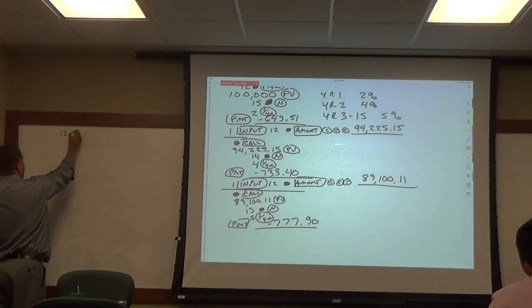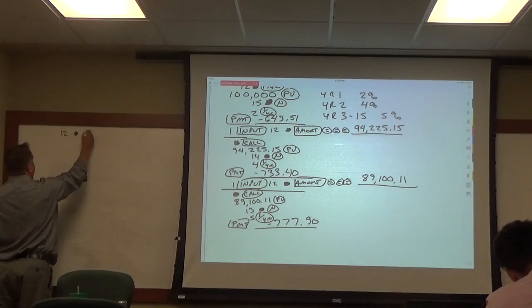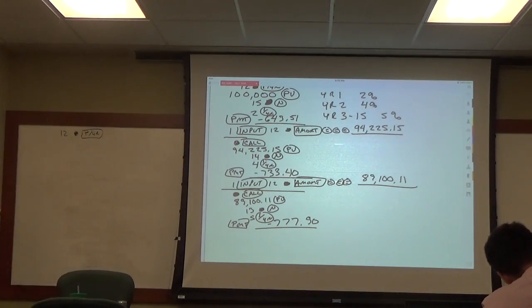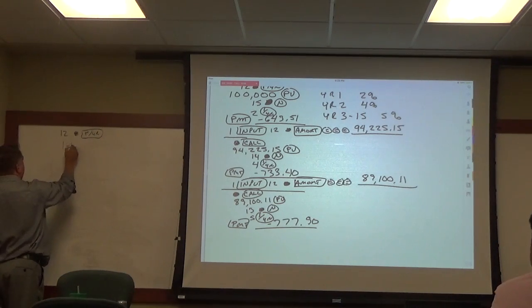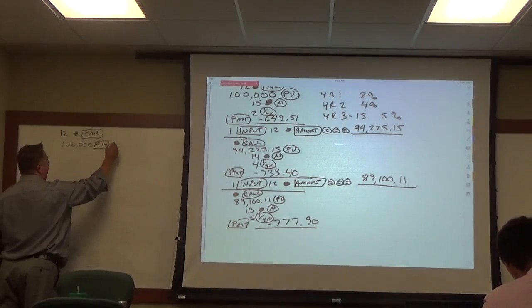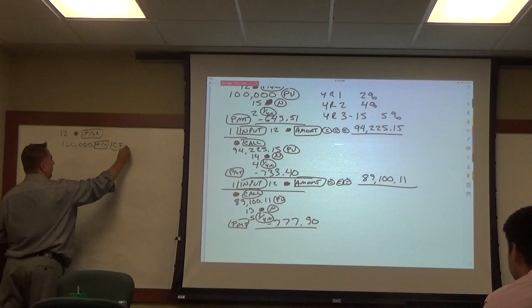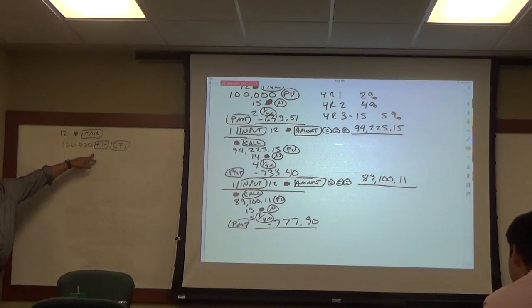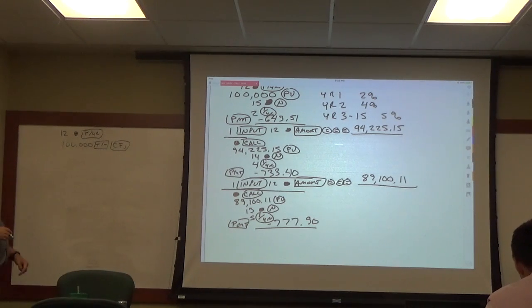So 12 payments per year. All right. How much is the lender dispersing? That's going to be a cash flow from the lender, okay? $100,000 negative. The lender is dispersing, all right? How much are they then receiving?